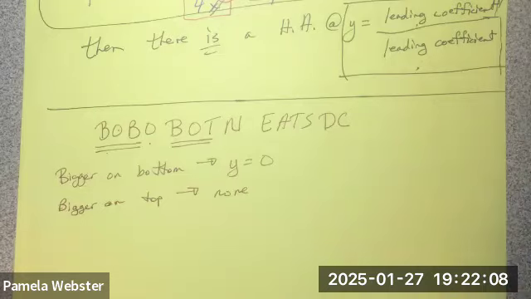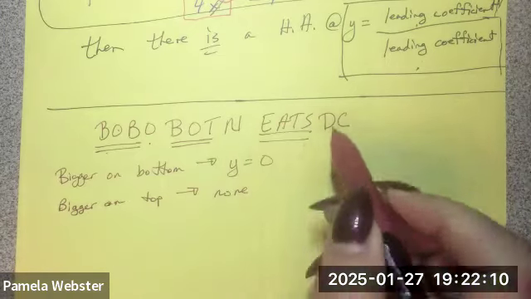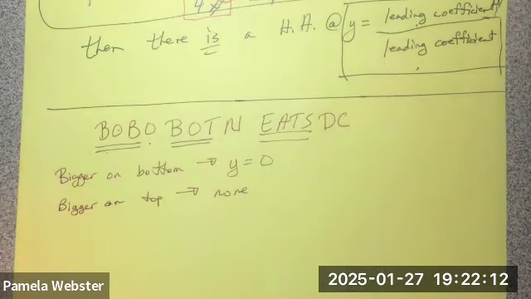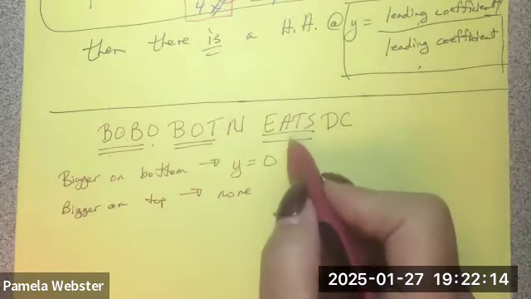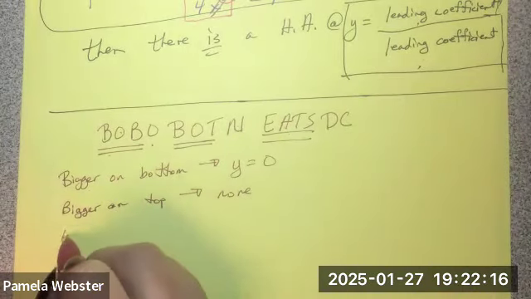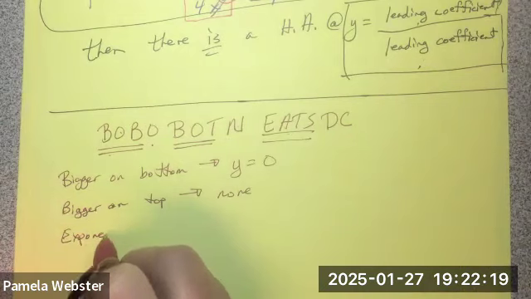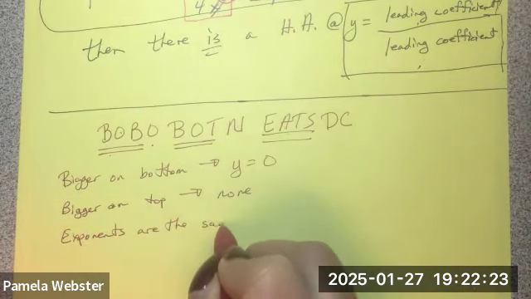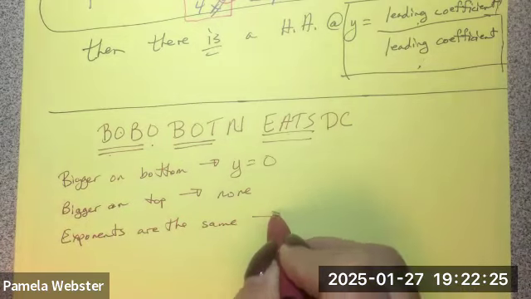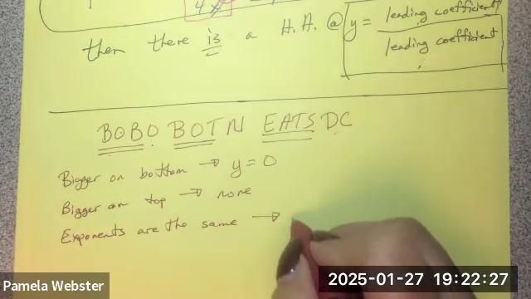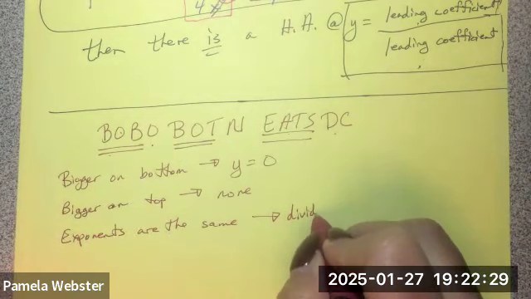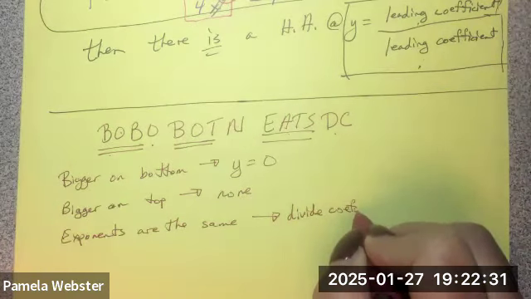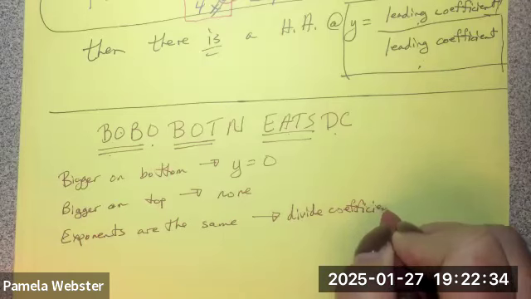But I remember now. I had to go look it up. I'm sorry. Eats DC. I was right about the saying. The reason it is: exponents are the same. And what do you think the DC is? That one I knew. Divide coefficients. And that's your leading coefficients, right?